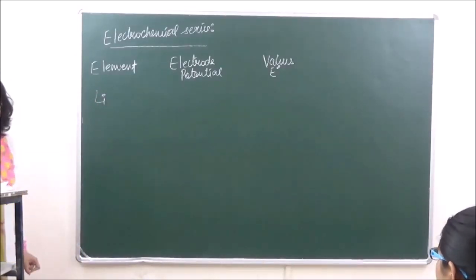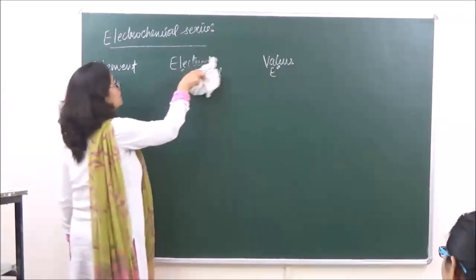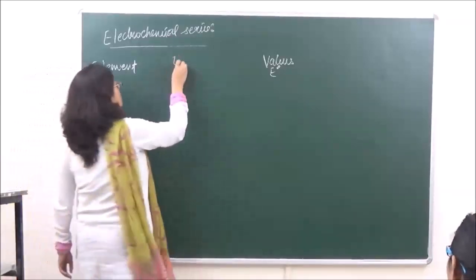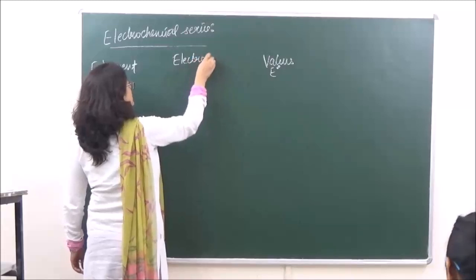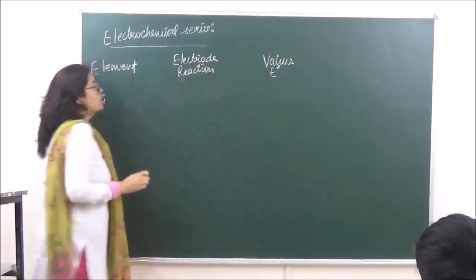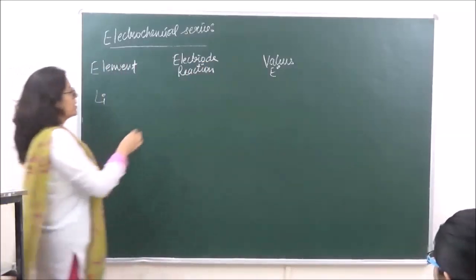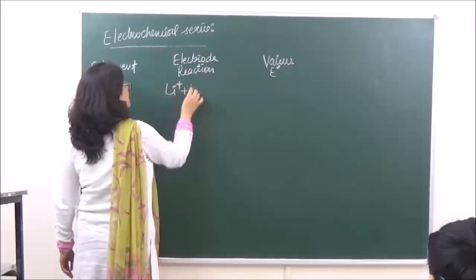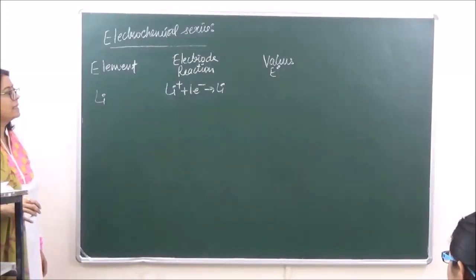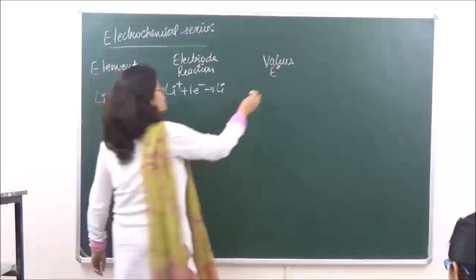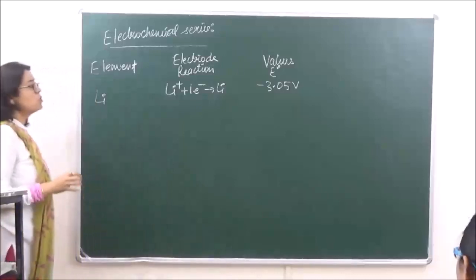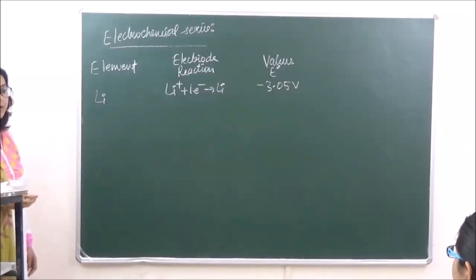The electrode reaction over here is Li+ plus 1 electron to give us lithium, and the E0 value is minus 3.05 volts. Lithium has the most negative value of the reduction potential, right?